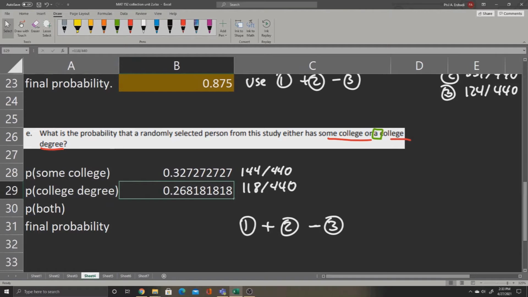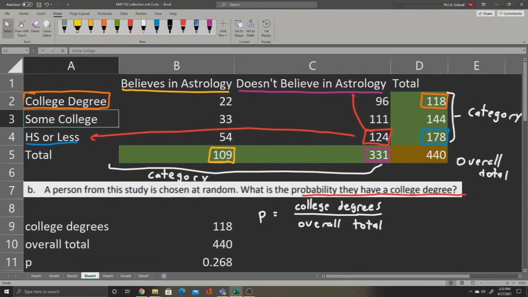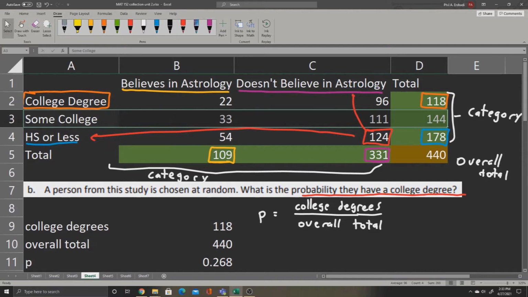Now the probability of having both, let's see if some college and a college degree have any intersection. So some college is in row 3, and having a college degree is in row 2. But we can see that row 2 and 3 run parallel to each other, and there's no way they can cross.